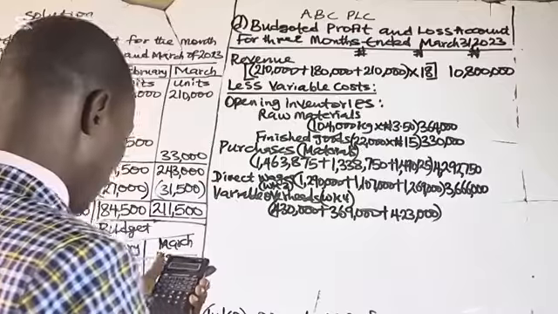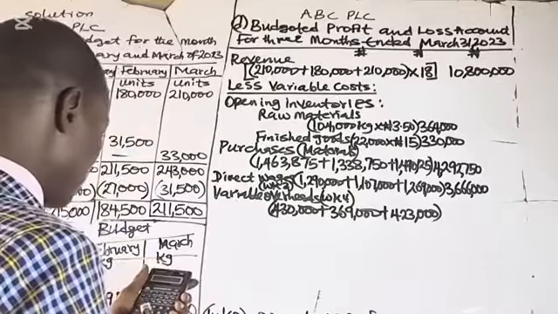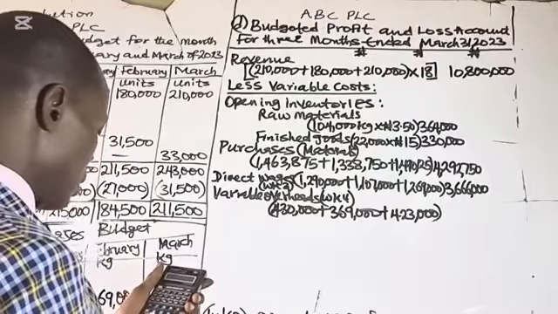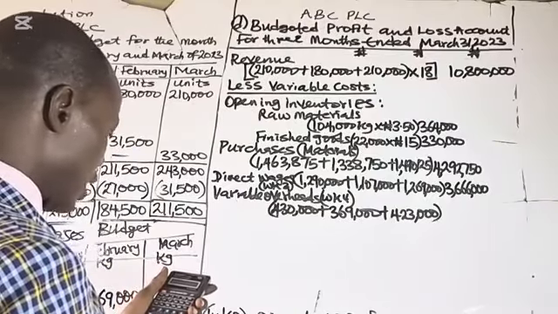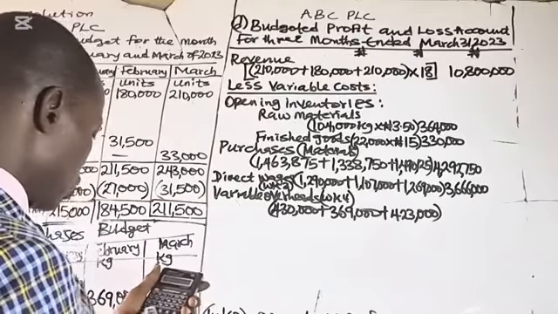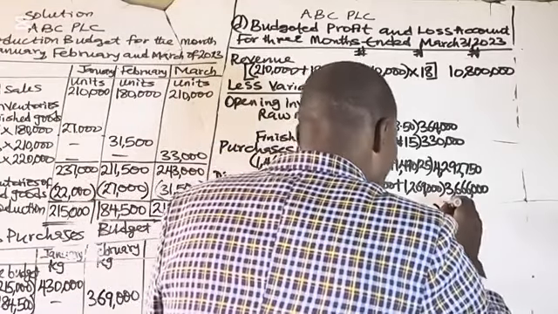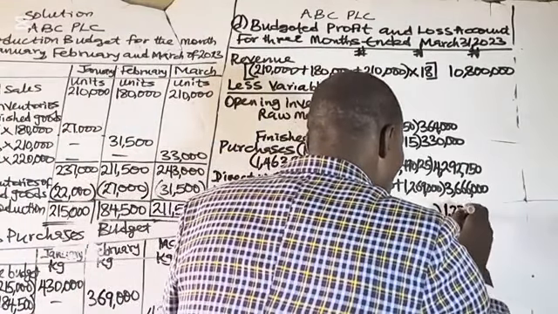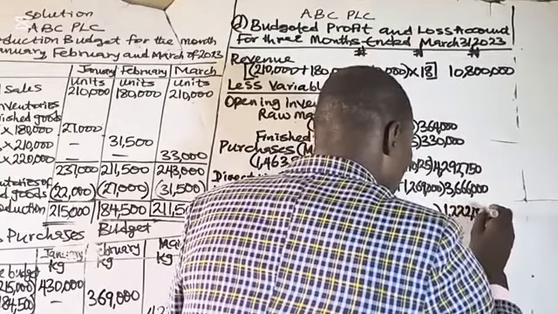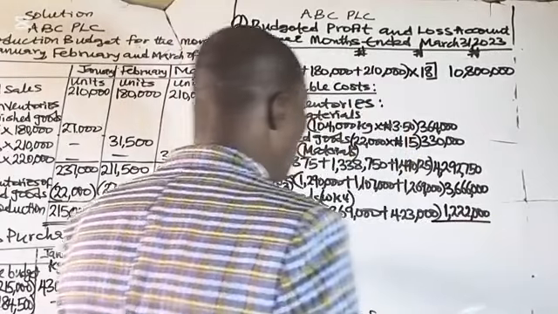So we have 430,000 plus 369,000 plus 423,000. So the total is 1,222,000.